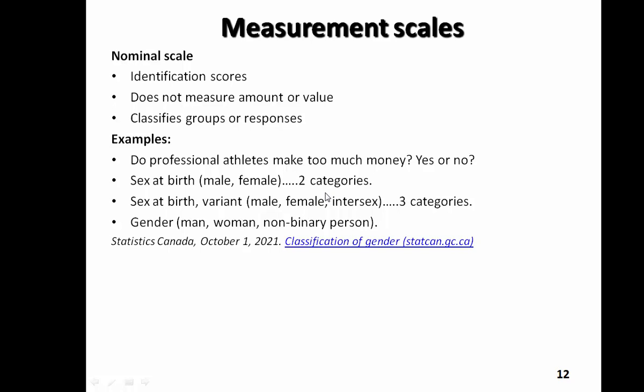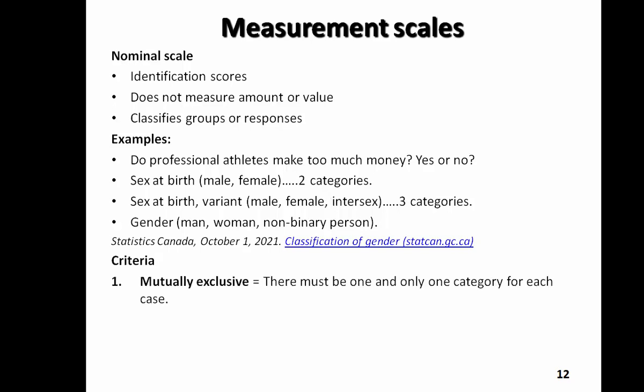The key aspect with the nominal scale is that it has to satisfy certain criteria. The first criterion is mutual exclusivity, and this implies that the selection of an answer for the professional athletes question can only be a yes or a no. A single research participant cannot simultaneously select both options, and so there must be one and only one category for each case.